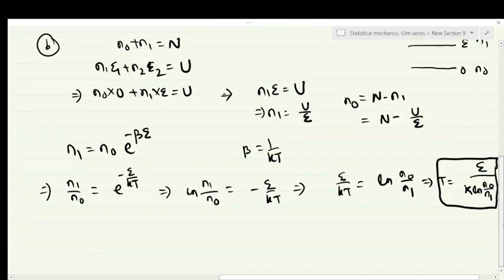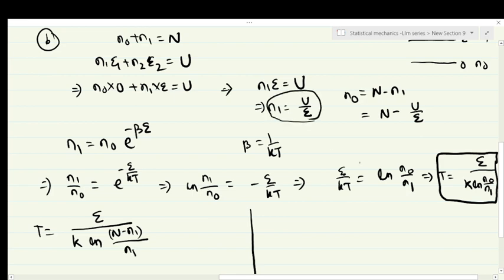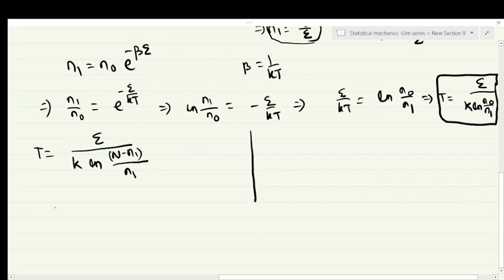Then we have to find T in terms of U. So T is equal to E by k ln of N0 as N minus N1, divided by N1, and we obtained N1 equal to U by E. Putting the values, E divided by k ln of (N minus U by E) divided by (U by E).